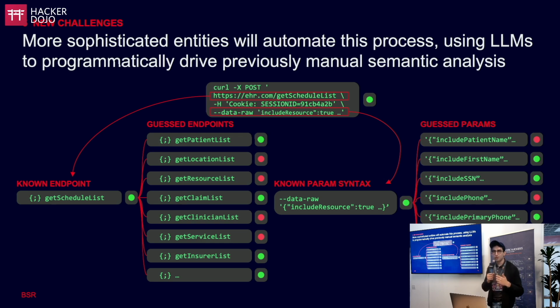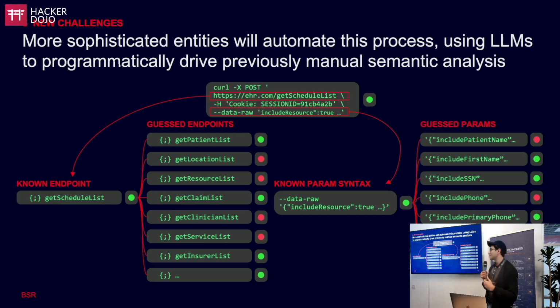But what's really nice is if you're a more sophisticated entity, you might start thinking about how you can incorporate an LLM agent into this process to help you do both the semantic analysis of which of these logs I should prioritize, and also which of these parameters I should edit and how I should edit them for valid guesses.